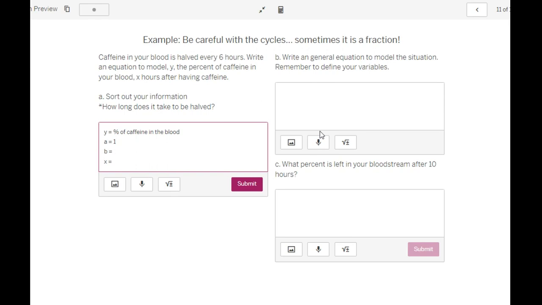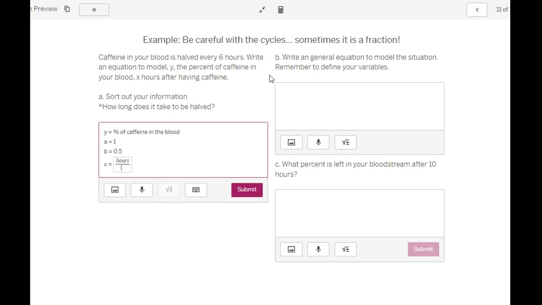B represents the decay factor, and since we're talking about half, I'm going to have 0.5. And finally, with our x, we know that one cycle for it to be halved happens every 6 hours. So if it's less than 6 hours, it's going to be a fraction. Let's take number of hours and divide it by 6.